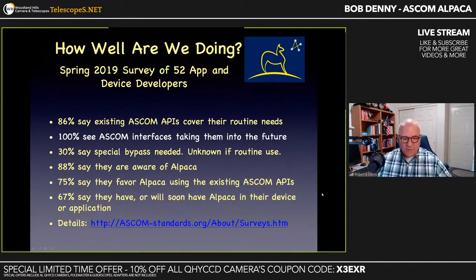You can see these numbers down here. The URL at the bottom is where you can find the survey results, both the summary and the raw results. And I'm going to give you the ASCOM portal, the webpage at the end of the talk, and there's just tons of information in there about all this.